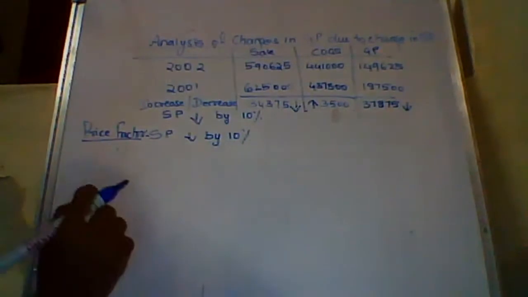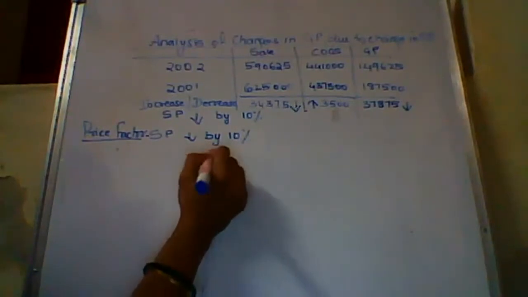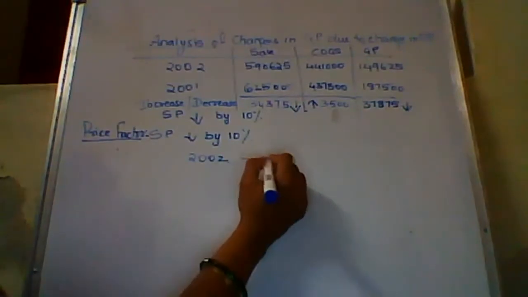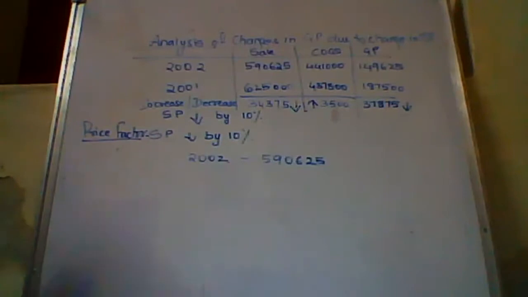This is what you'll try to find out. So in 2002, how much is the sales in the current year? 5,90,625.